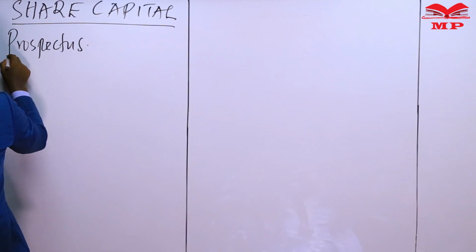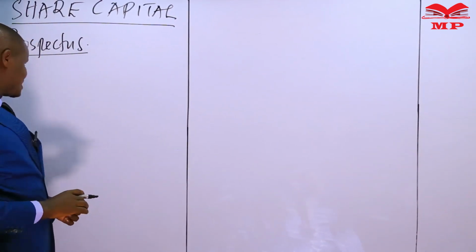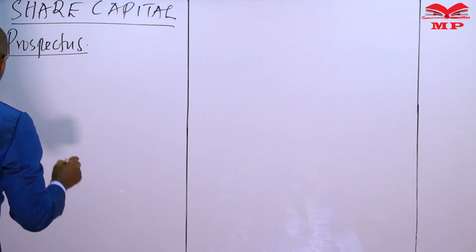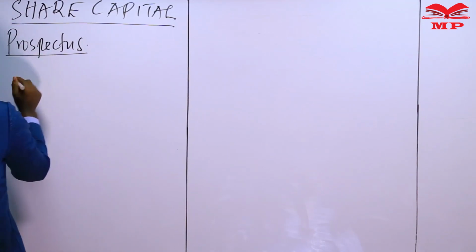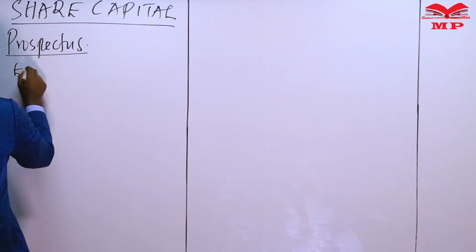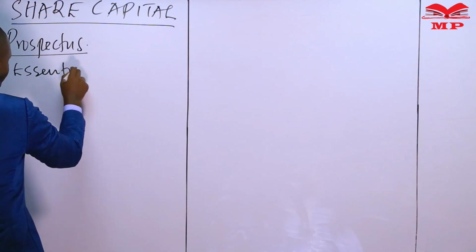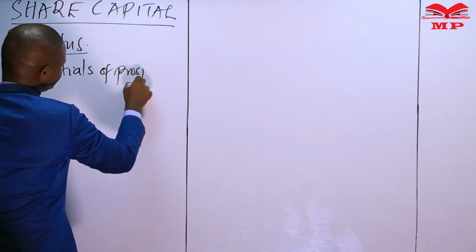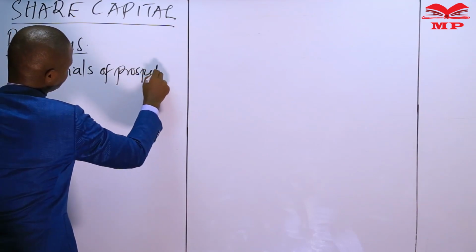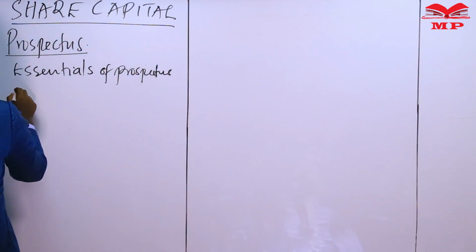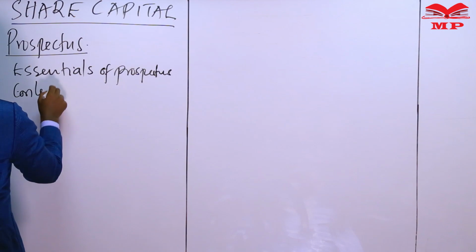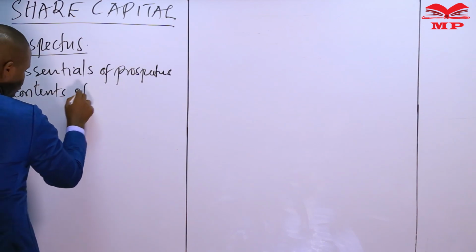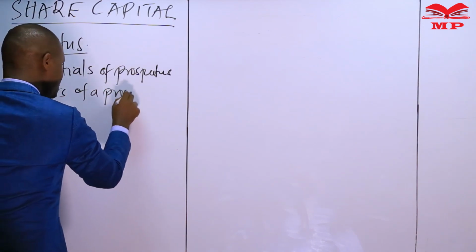We shall look at the company's prospectus or prospectuses. In respect of the prospectus, we will define the prospectus, look at the essentials of a prospectus, then we will look at the contents of a prospectus.